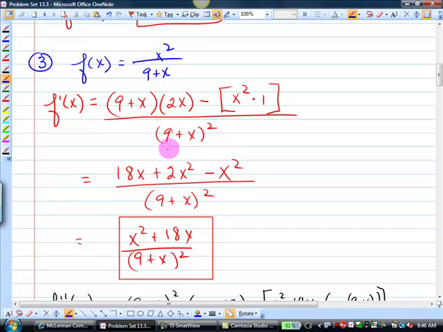I didn't write out a road map. I just wrote it out taking the derivative where I needed to. This is the derivative of the top, and this is the derivative of the bottom.